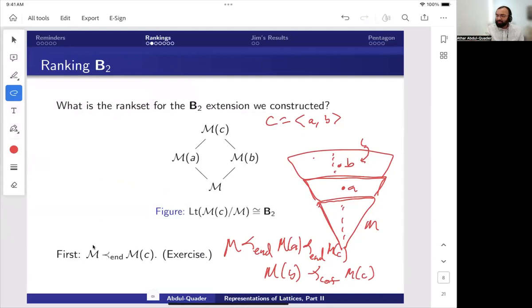So I made this informal comment last time that the type knows this. The type of C knows that these are the interstructures, and moreover, somehow when we were building this type, we encoded that M of A was going to be an end extension of M, and M of B was going to be cofinal in M of C. Okay.